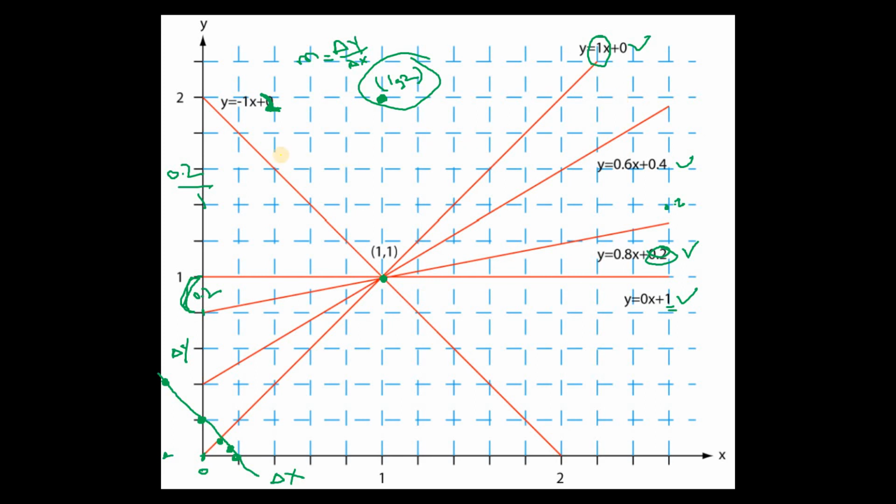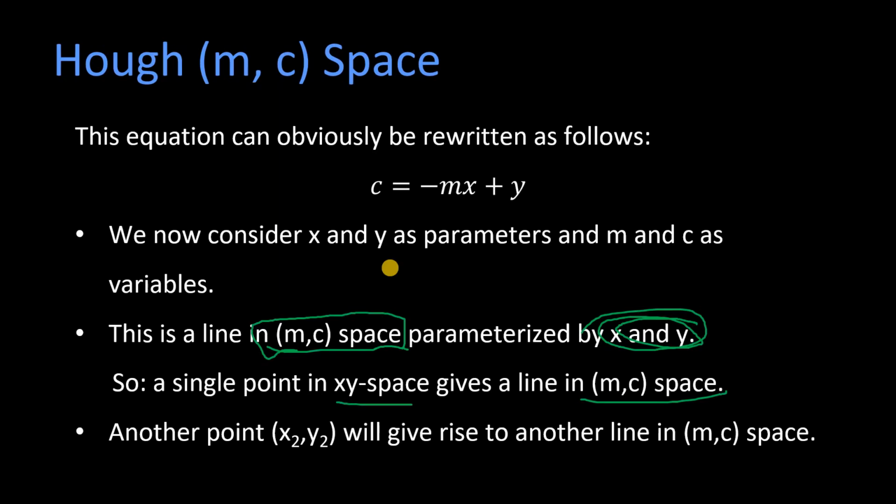So if I have a point in the image space, an infinite number of lines can pass through that point, and those lines, if you plot them in the Hough space, will represent a set of dots, and all those dots will occur on a straight line.